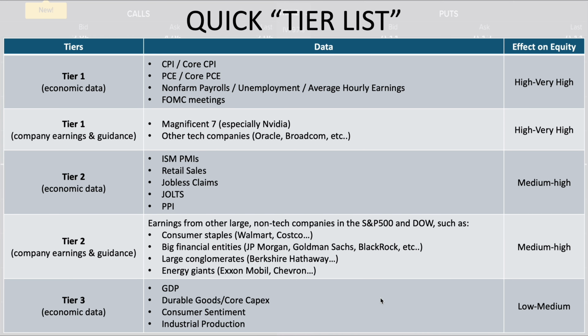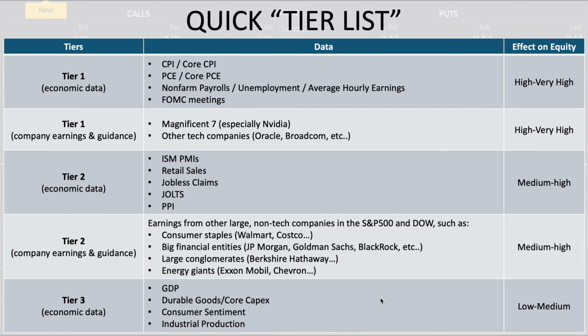Tier 2 company earnings, the consumer staples, which are the big ones, Walmart, Costco, financial entities, the big ones, large conglomerates, energy giants. So these are also important, but not as important as the Magnificent Seven and the other tech companies. So that's why it makes sense to not place them in tier one, but having them in tier two.